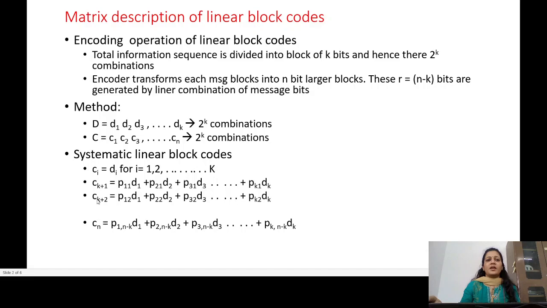Similarly, in Ck plus 2, k plus 2 minus k gives 2 everywhere in the coefficient. Similarly, if you consider Cn, n minus k is the subscript that will be taken in the entire algebraic equation. So this is how we are going to generate the code word bits C1 to Cn.